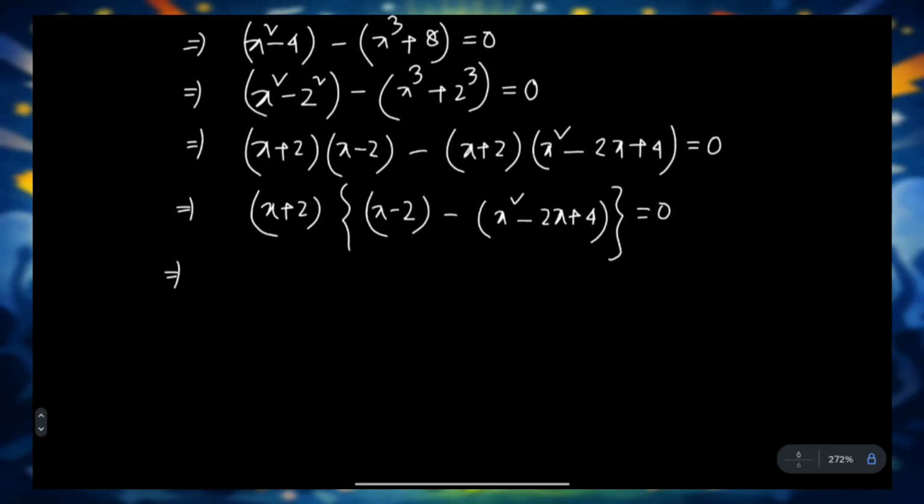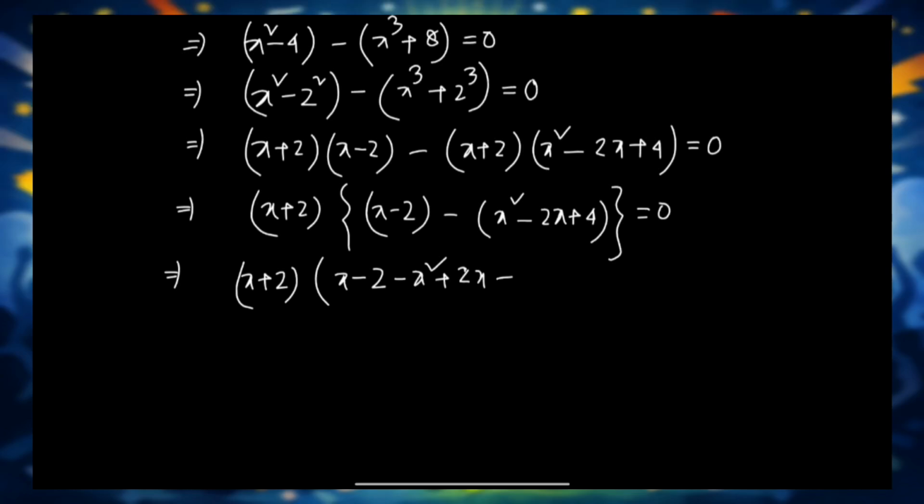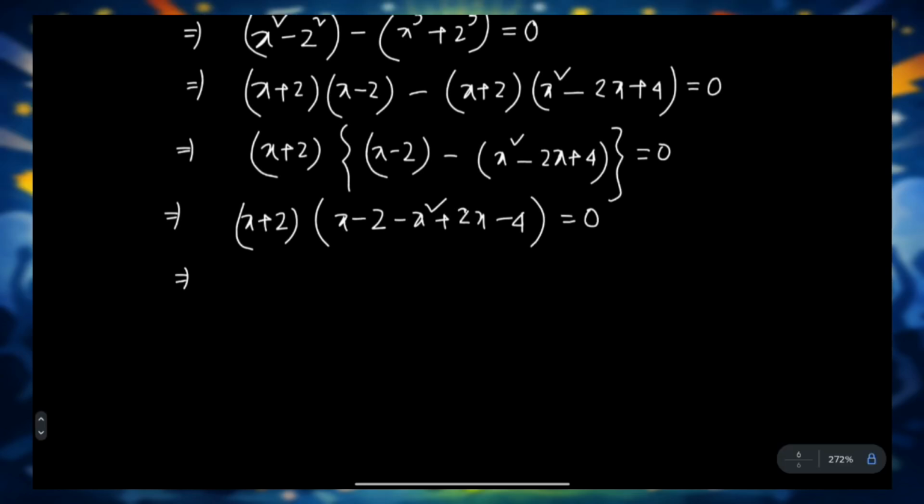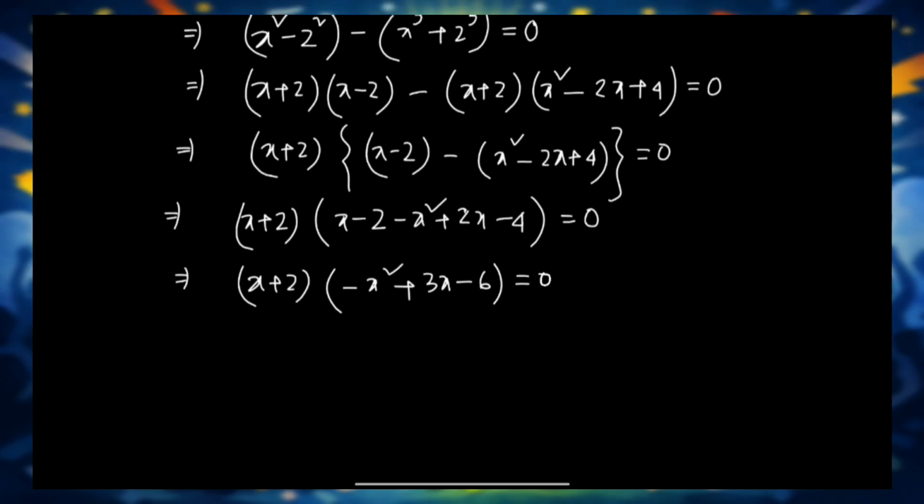That implies x plus 2 into x minus 2 minus x square plus 2x minus 4 equals to 0. That implies x plus 2 into minus x square plus 3x minus 6 equals to 0.